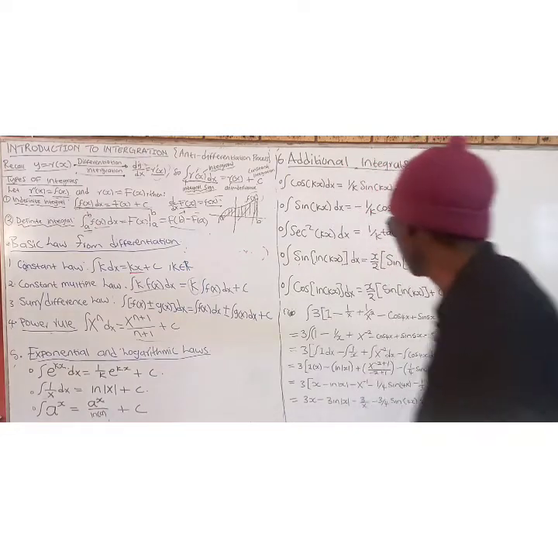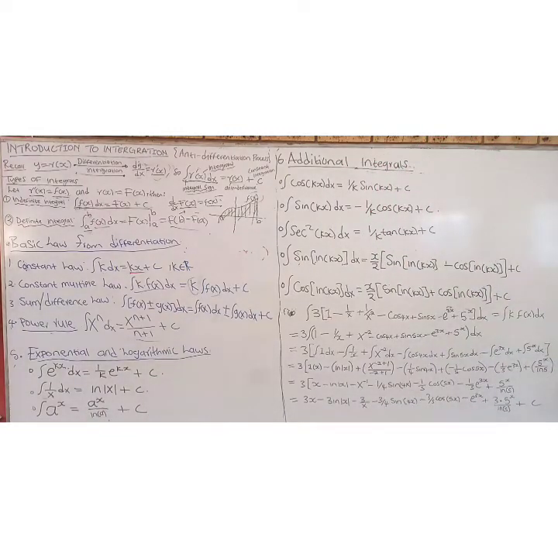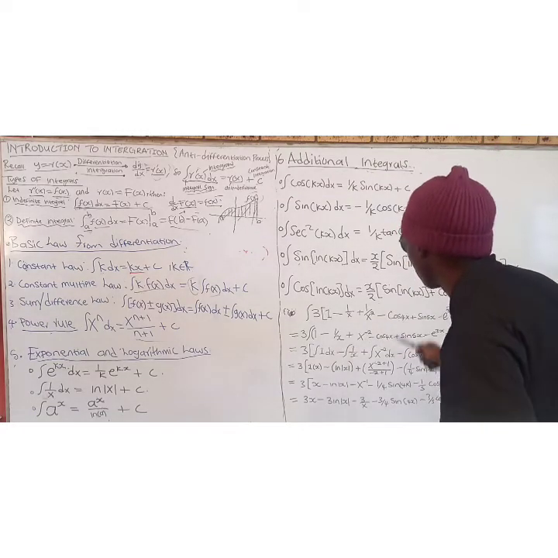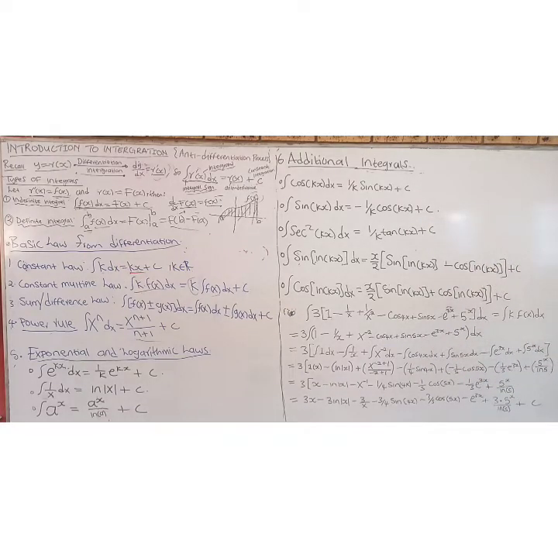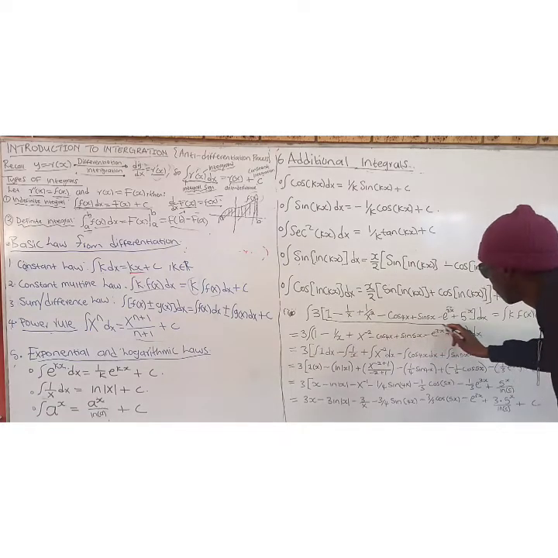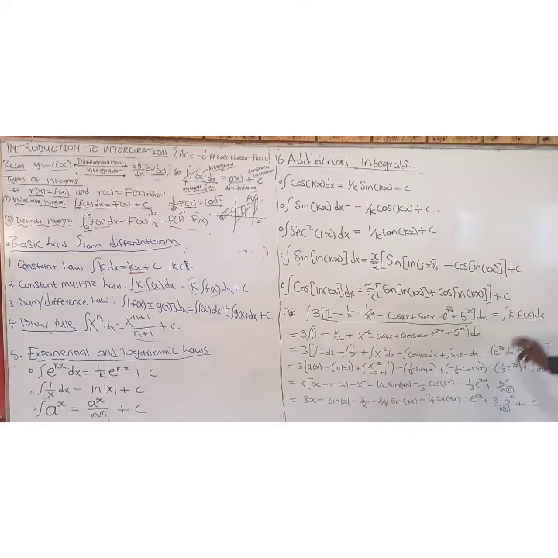For you to understand this, let's do an activity. Suppose you are to integrate 3 times (1 minus 1 over x plus 1 over x squared minus cos 4x plus sin 5x minus e to the power 3x plus 5 to the power x) dx. If you look carefully, we can treat the whole bracket as f of x and the 3 as the constant, so it's in the form k f of x dx.